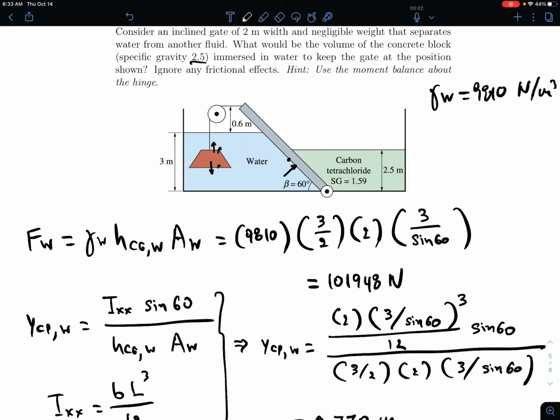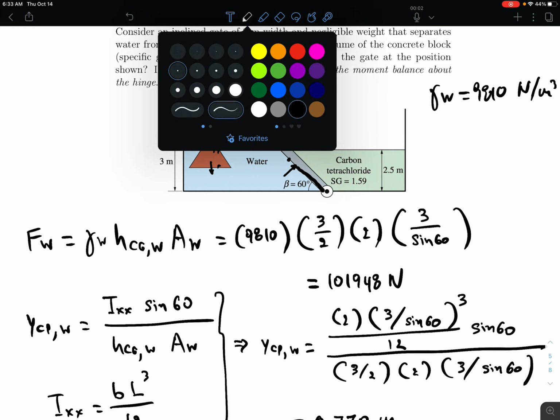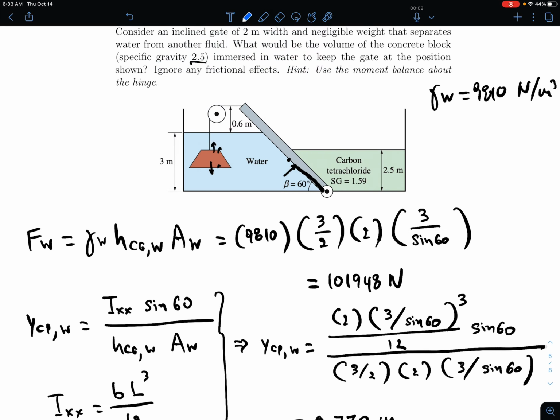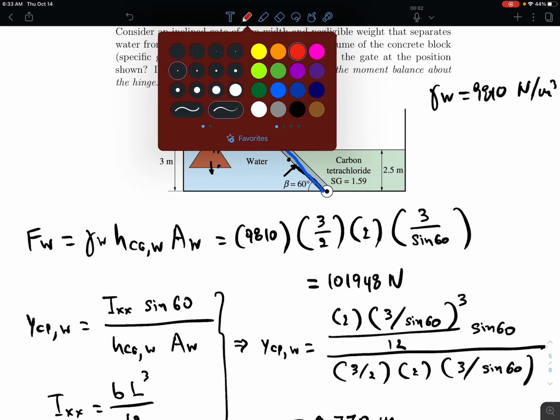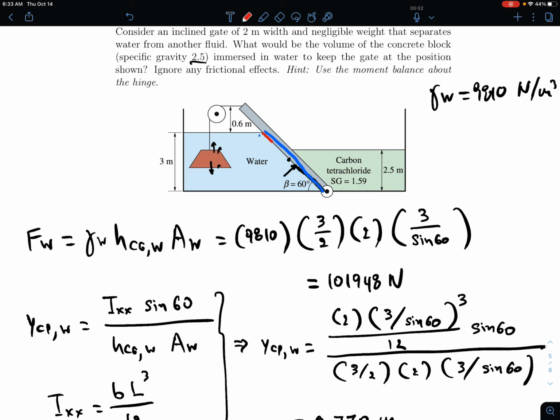So what we're looking for is, because the force is normal to the surface, just that distance there in black. And that one we can get from the total distance. So I'm going to have, let's see, blue here, minus the distance all the way to the center of gravity.